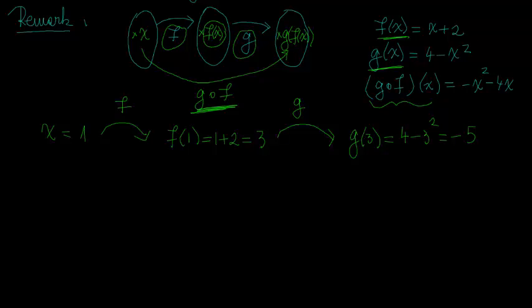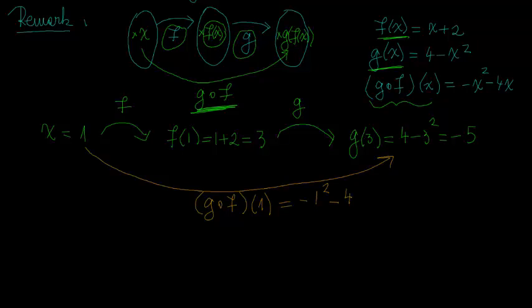However, if I act directly with the function g composed with f going from 1, I'm going to get g composed with f evaluated at 1, and if I plug that into the rule, I will get negative 1 squared minus 4 times 1.